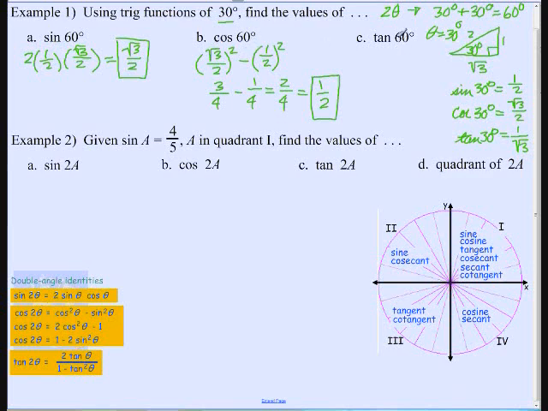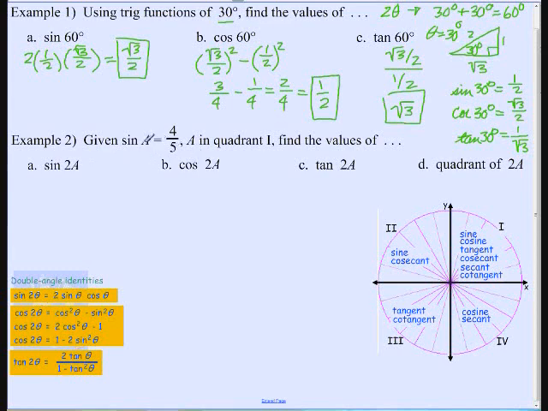So the tangent of the double angle is the sine of the double angle, square root of 3 over 2, divided by the cosine of the double angle, 1 over 2, which simplifies to the square root of 3. So there they are.